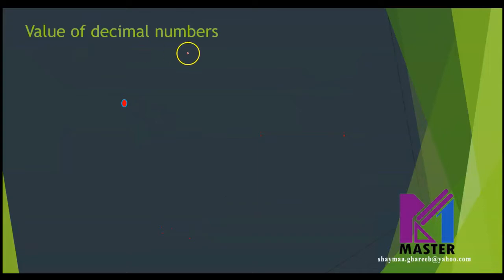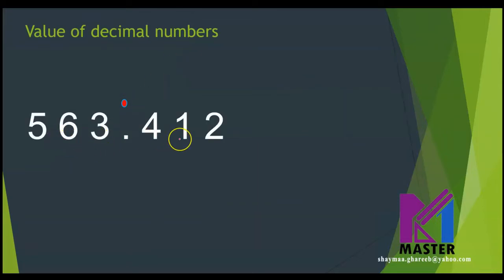Value of decimal numbers. Look at this number here. Let's read it together. This part is the whole number, and this part is the decimal part. And I have here 3 decimal places. So first, let's put the names of each place. This 5 is in the hundreds place, so I read it 5 hundreds. Then the 6 is in the tens place, so it is 60. 3 is in the ones place or the units place.